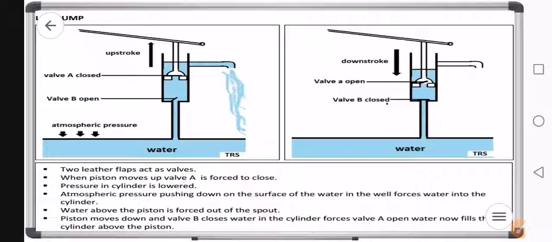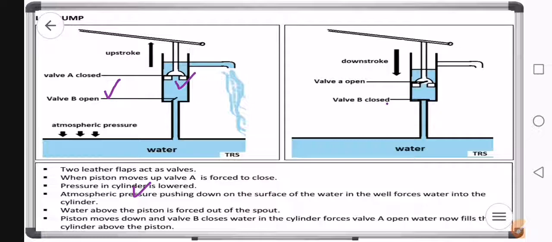And also during the upstroke, the foot valve, this one, opens to allow the water to enter into the cylinder by the influence of atmospheric pressure. Okay? That's it.